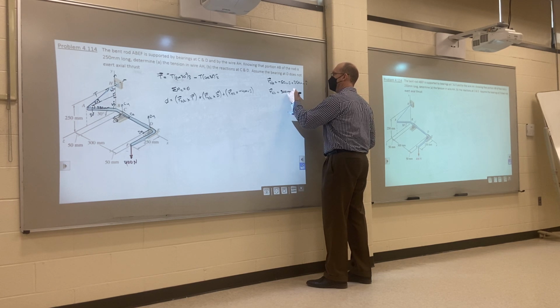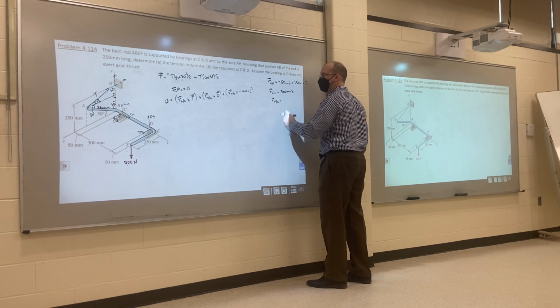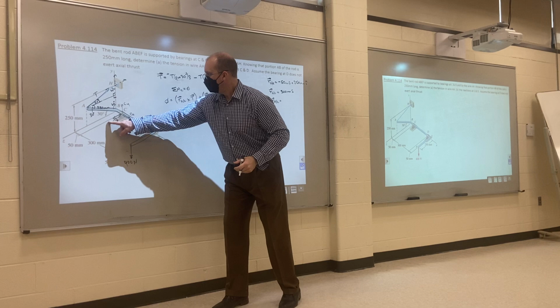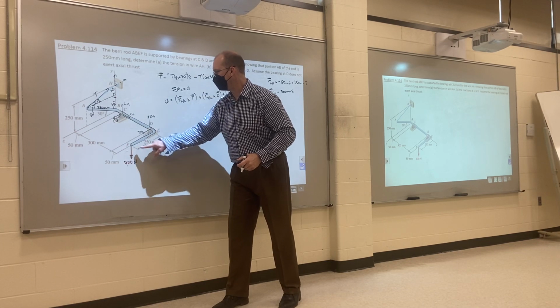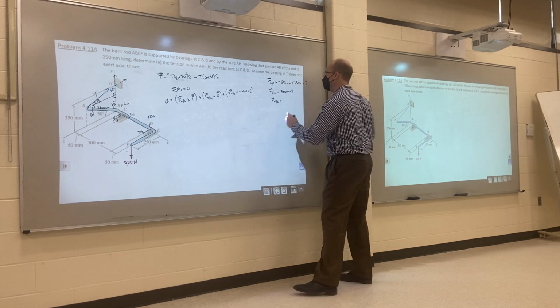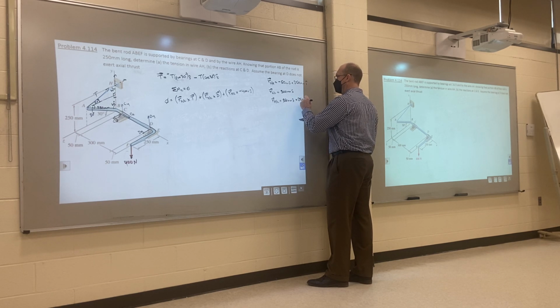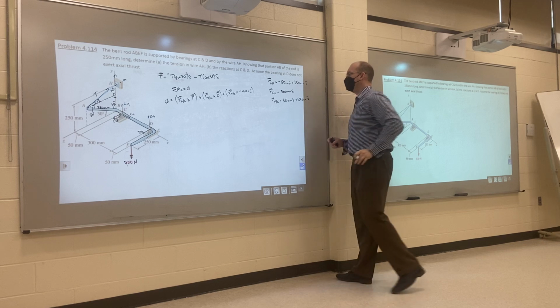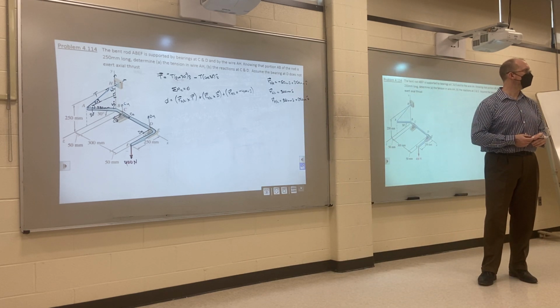300 millimeters I hat. And then we have R F with respect to C, which is 350 positive, and then 250 positive K. So it's 350 millimeters positive I hat plus 250 millimeters positive K hat. So far, so good?